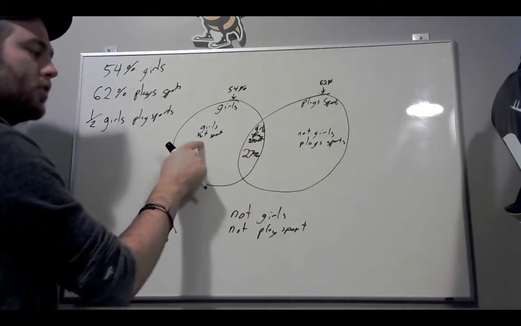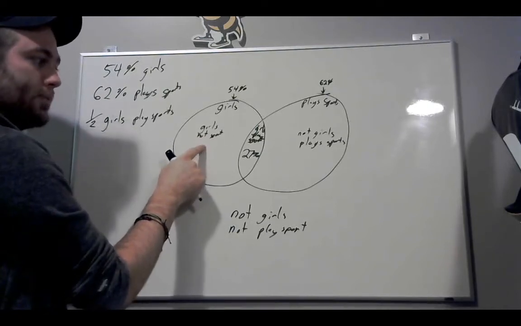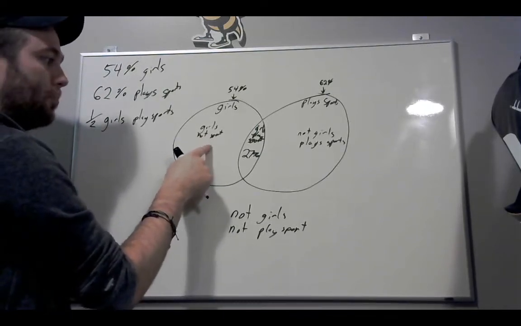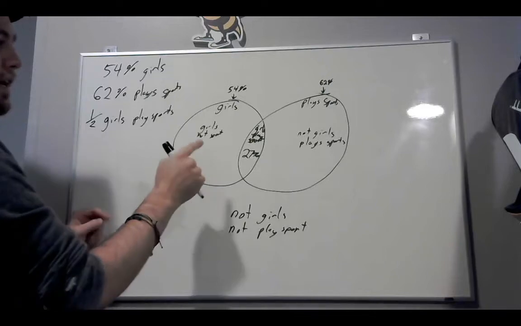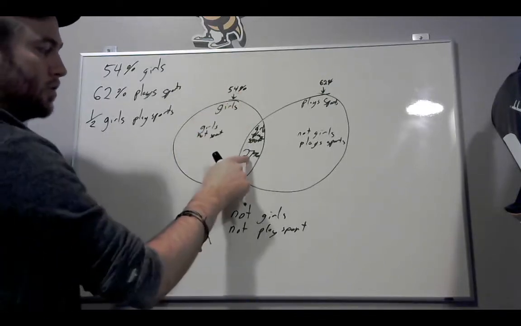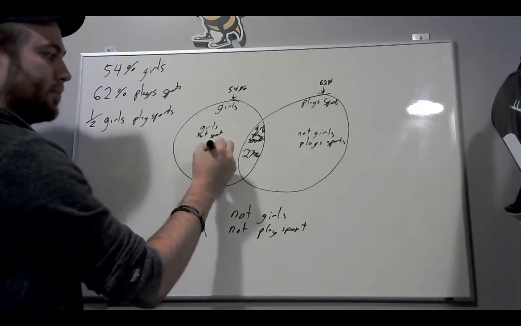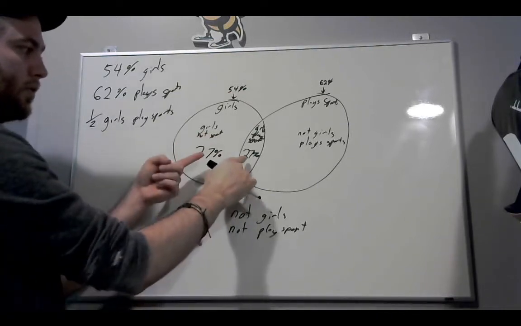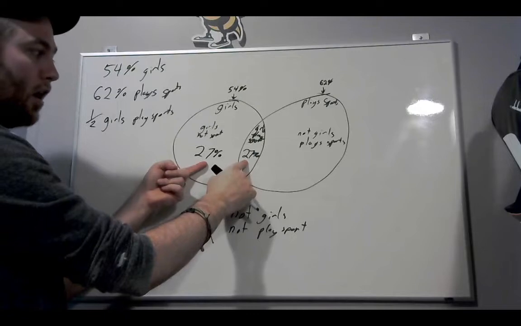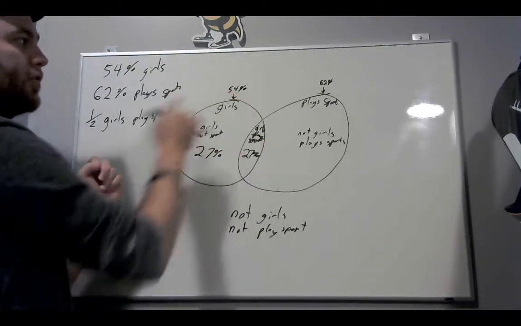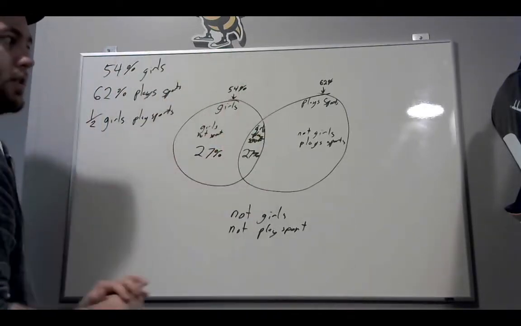Then I also need to know girls who don't play sports. That's going to be 27 plus something to give me 54, and that's 27%. So these two need to add up to the total for my girls' circle itself.